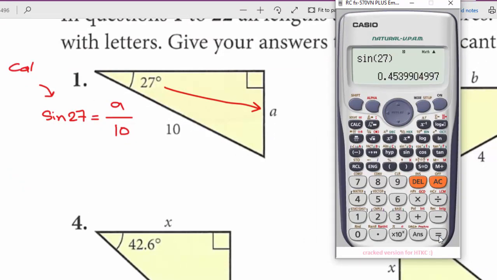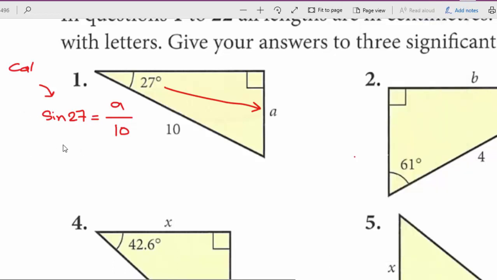Then you see it's equal to 0.4539. Then to write this, 0.4539 is equal to A over 10.